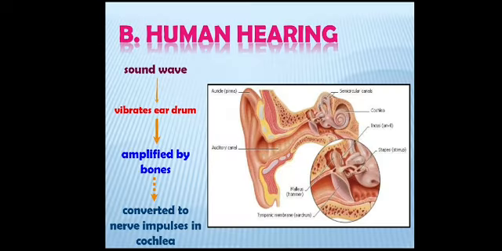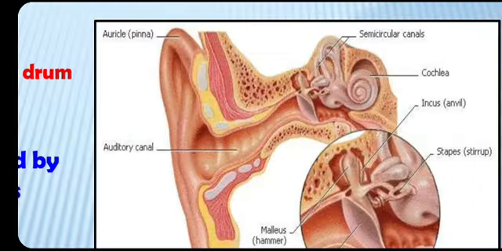Yes. So, what happens when the sound waves enter the human ear and how is it possible for humans to hear? In the human ear, you will have a part called the eardrum.